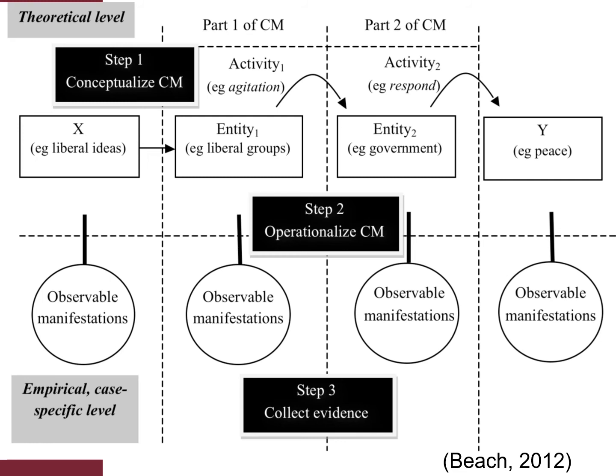Again, the empirical fingerprints, that's the term I really like. What are the observable manifestations of all of these things? You fill in what each of these circles are, from the presence of the independent variable that ought to be there, to each part entity conducting an activity as each part goes through to the final outcome. And those are the things you're going to look for.